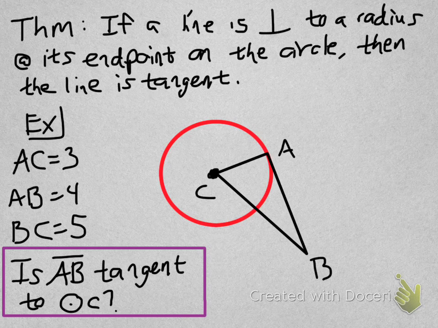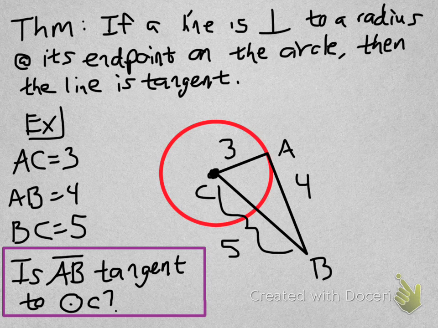If a line is perpendicular to a radius at its endpoint on the circle, then it's tangent. So we need to see, is this 90 degrees? If it is, then it works. Well, what's the information we're given? We're given that AC is 3, so the radius is 3. We're given that AB is 4, and we're given that BC, this whole segment here, is 5.